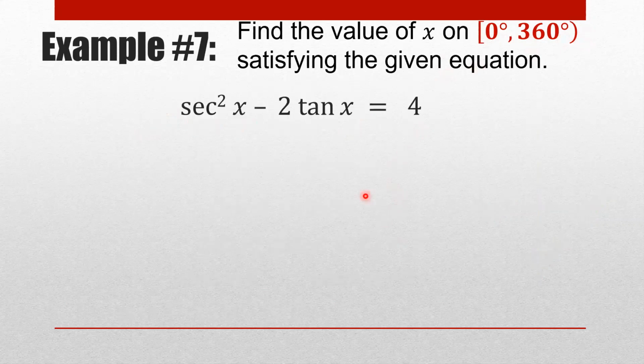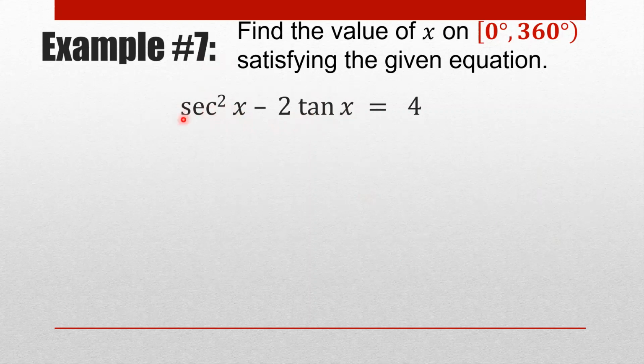Now, what about example 7? Let's find the value of x again on the given interval satisfying this given equation. Same as what we did in the previous example, we will try to express this in terms of tangent squared, because it's easier to express this in terms of tangent squared than in terms of secant, since our Pythagorean identity involves the squared versions, secant squared and tangent squared.